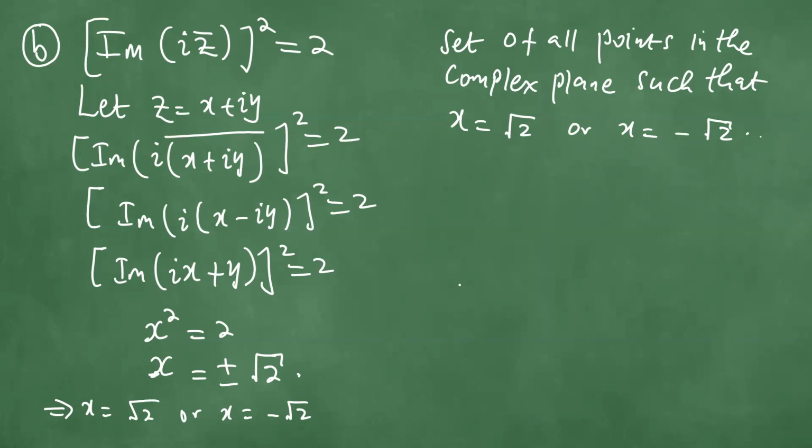So what kinds of points are these? We consider the Argand diagram.